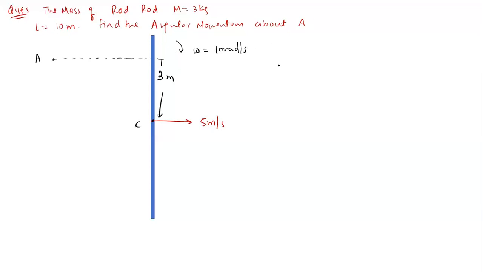So can you get the angular momentum about point A? It is rotating with omega clockwise, that is 10 radian per second. Then it is moving with velocity 5 meter per second. Length of the rod is 10 meter.